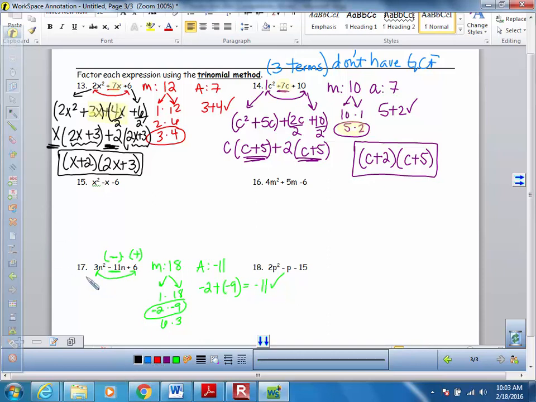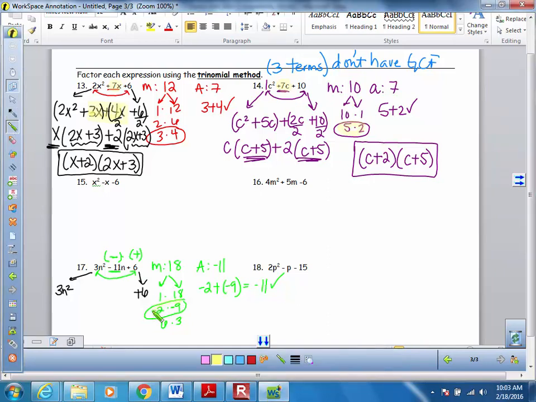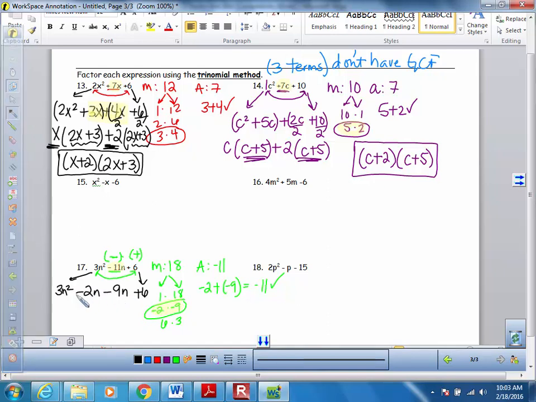Now, we're going to bring down our first term, which is 3n squared. We're going to bring down our last term, which is plus 6. And then we're going to take our magic numbers, negative 2 and negative 9, and plug it in for negative 11. So this would be a negative 2n minus 9n. It doesn't matter if you write 2n first or 9n first.